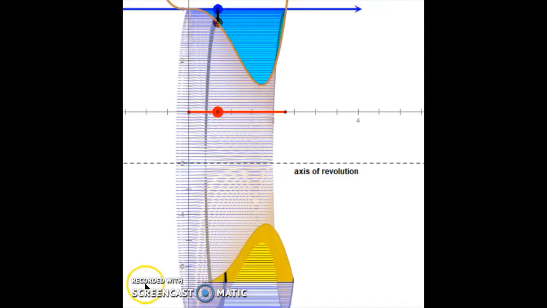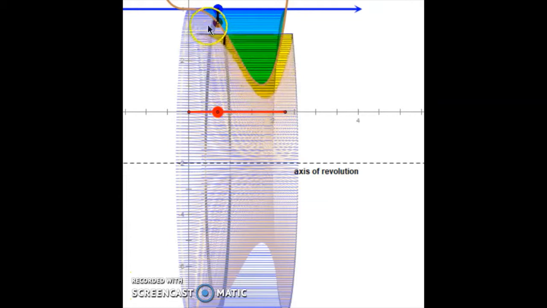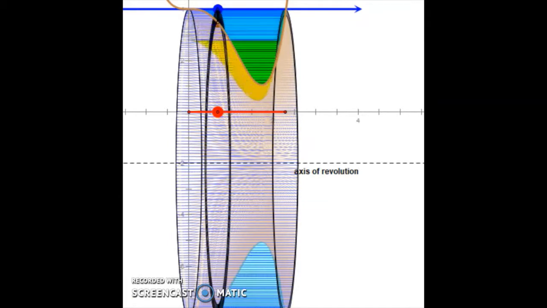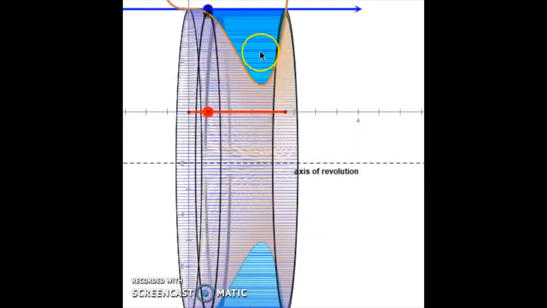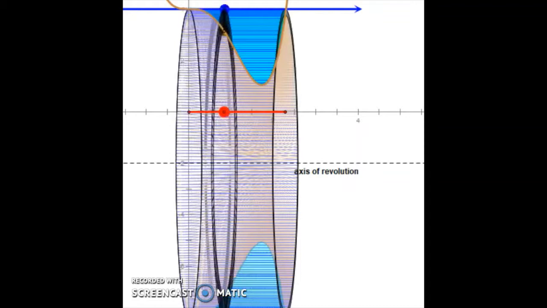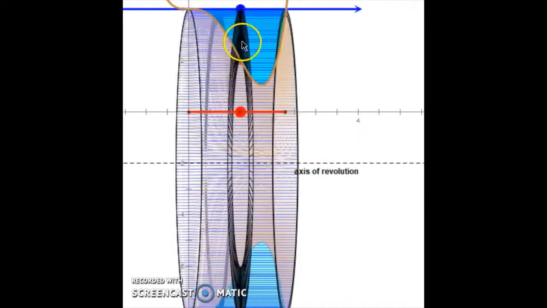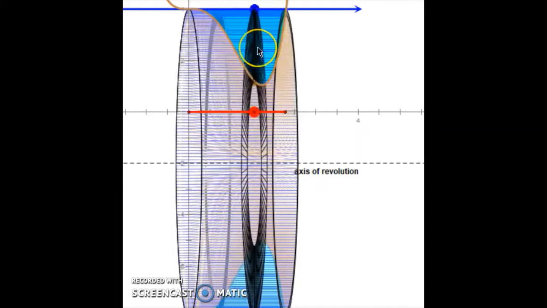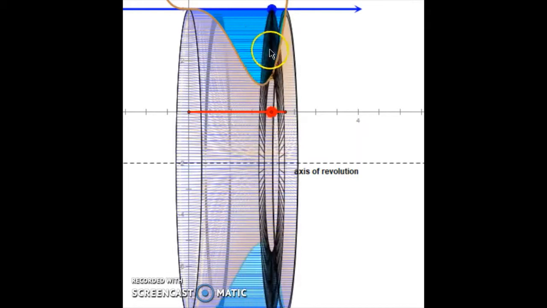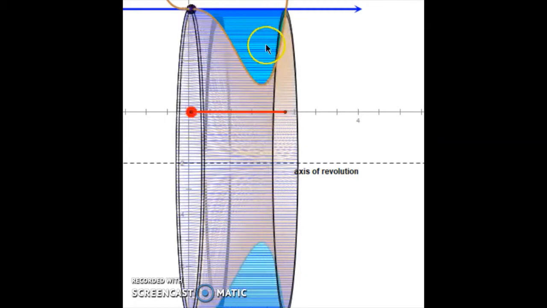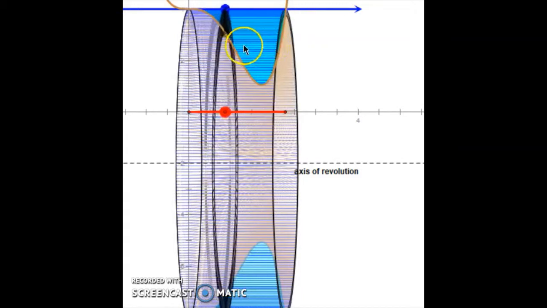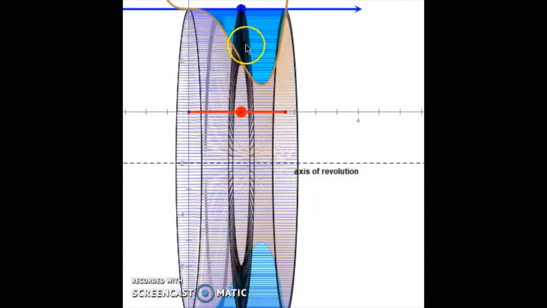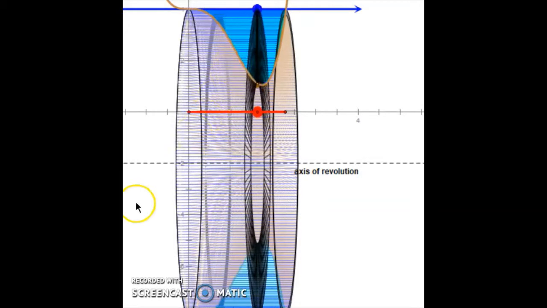As one of these representative slices moves from left to right, you can see how the washer changes in shape. So we find the surface area of one of those washers and multiply it by delta x to get the volume of one washer. Then if we sum up all of the washers and change the delta x to a dx, we get the total volume of this revolution.